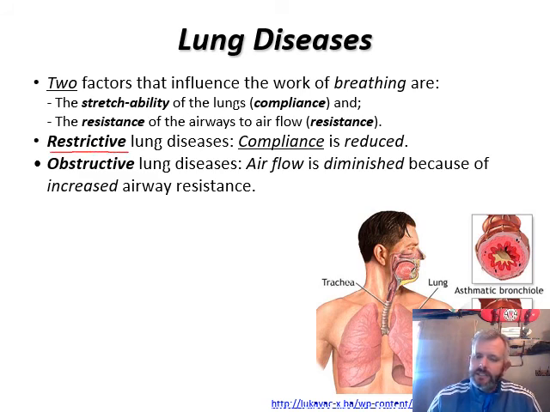We've already discussed this a little bit. Restrictive is compliance. Compliance is reduced, so what do you think is going to happen to my FVC, my forced vital capacity? I'm not going to be able to bring in as much air, so that's going to be much smaller. Obstructive will have diminished because of airway resistance, and this is going to greatly affect the ability to exhale.